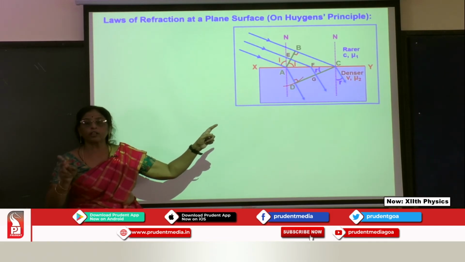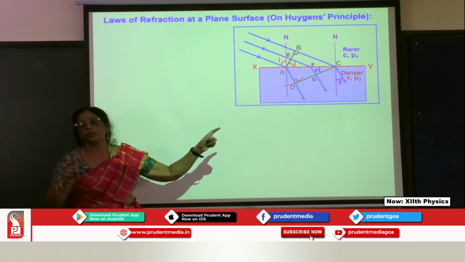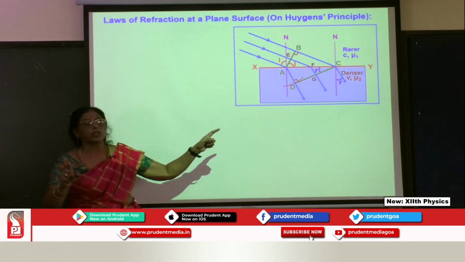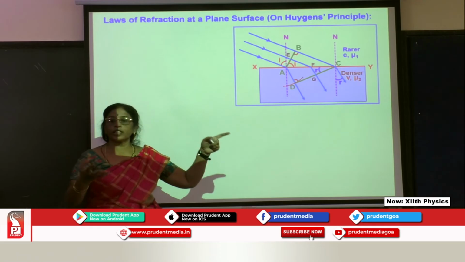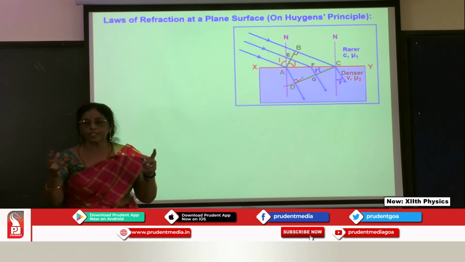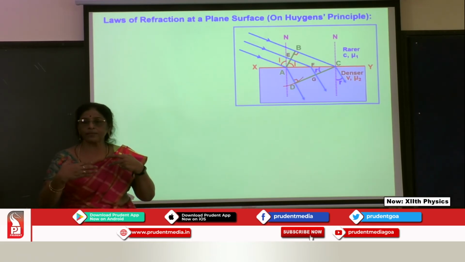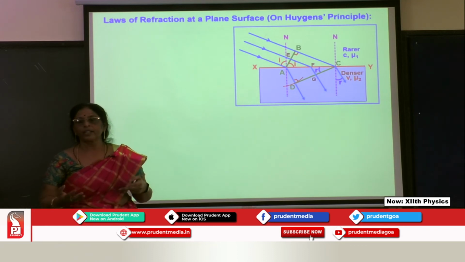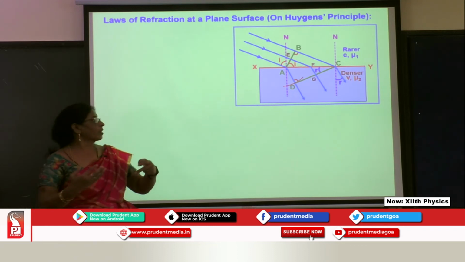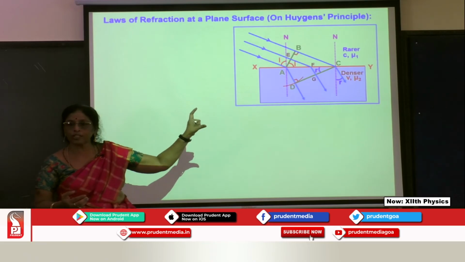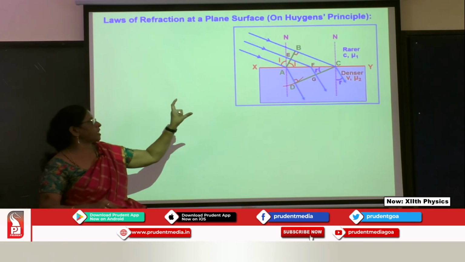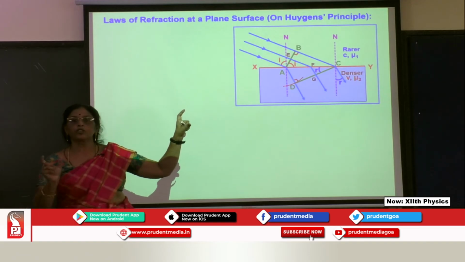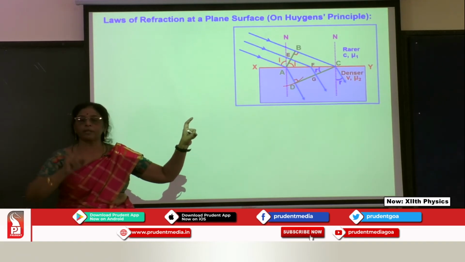The velocity of the wave is different for different media. So therefore, as the velocity differs, when you consider a denser medium, all the particles are closer. So it cannot travel freely in the denser medium. It travels a little slower. So therefore, it covers the shorter distance AD in the same interval of time. But BC is a longer distance traveled because it is a rarer medium.